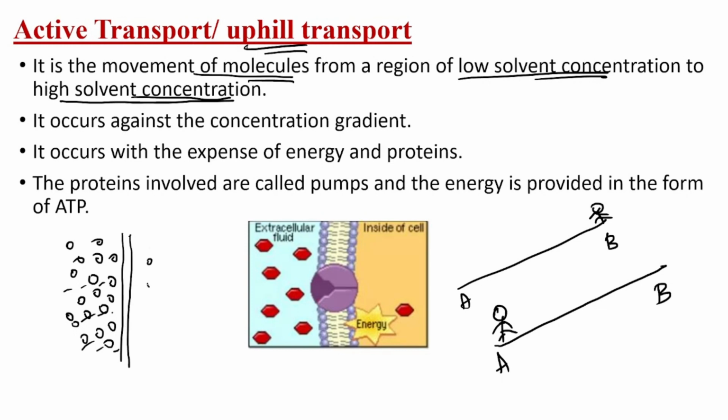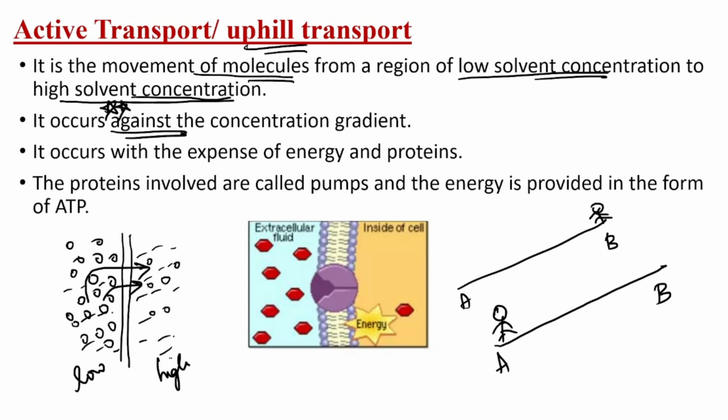Here also there are solute molecules, but they are very few, and water is present. Now what actually happens is the movement of water takes place from a region of low solvent concentration to a region of high solvent concentration. That means it is occurring from low to high, against the concentration gradient. This is a point that you need to remember.